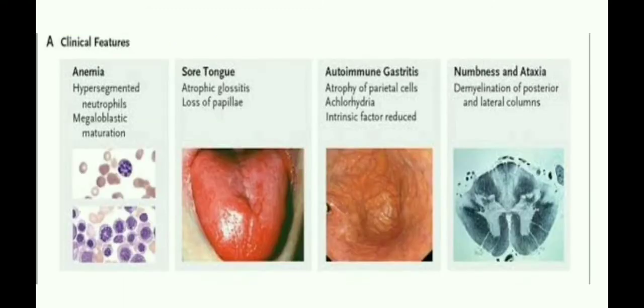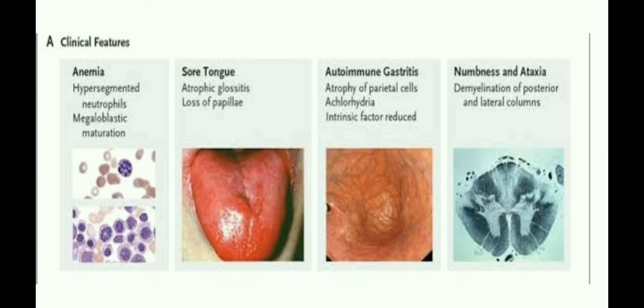So these are the clinical features that you can get in vitamin B12 deficiency in megaloblastic anemia. Here you can see, first of all, we have already said about the peripheral blood, that is hypersegmented neutrophils, the megaloblasts, macro-ovalocytes, Howell-Jolly bodies, and we have seen that there is a decrease in the formation of succinyl coenzyme A, by which there is a decrease in the formation of myelin, and there will be neurological manifestations.